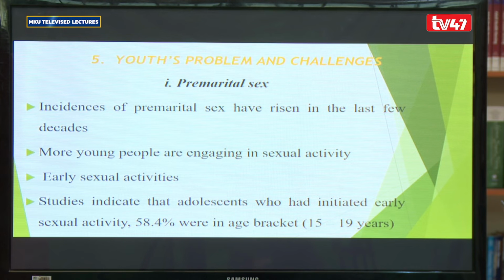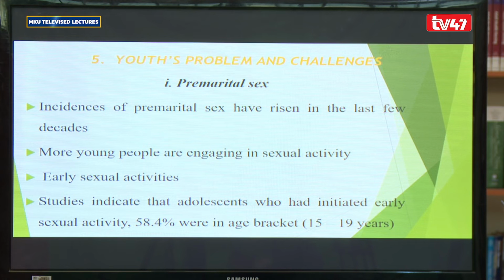Let's also look at the problems and challenges that are faced by the youth. First one, we have premarital sex. You're seeing incidents of premarital sex have risen in the last decades. More young people are engaging in sexual activities early.